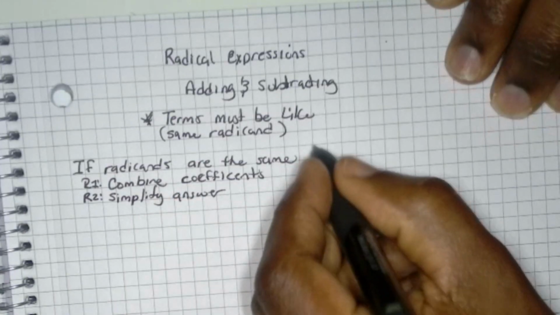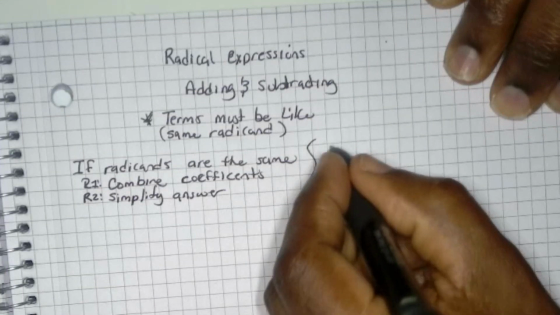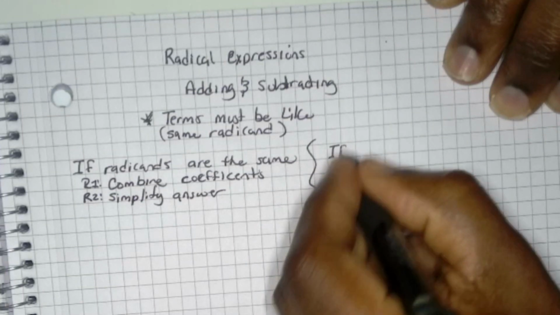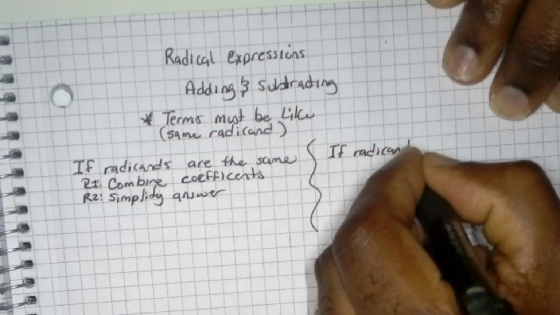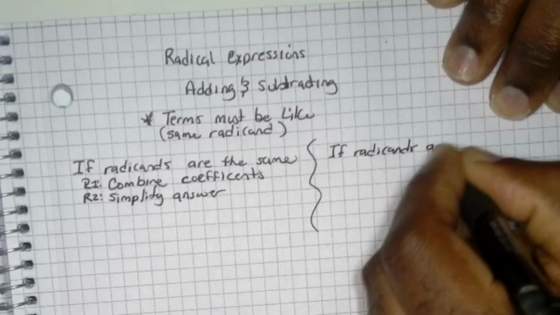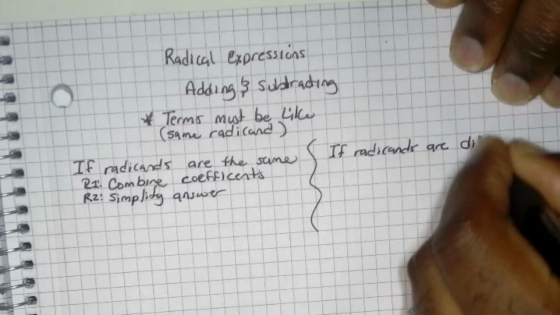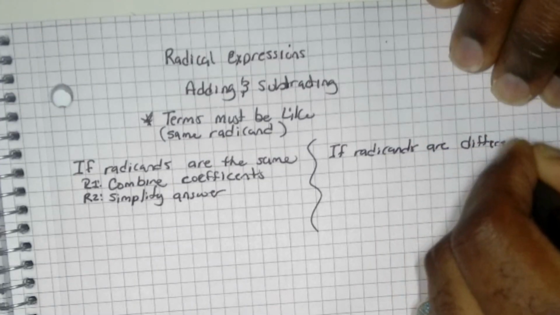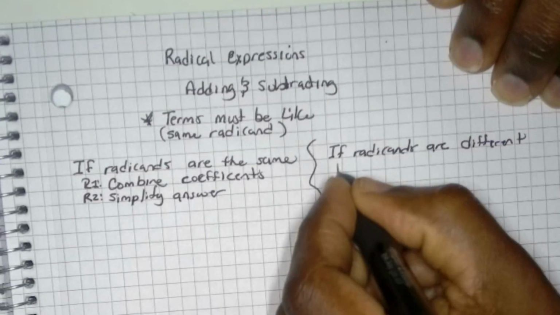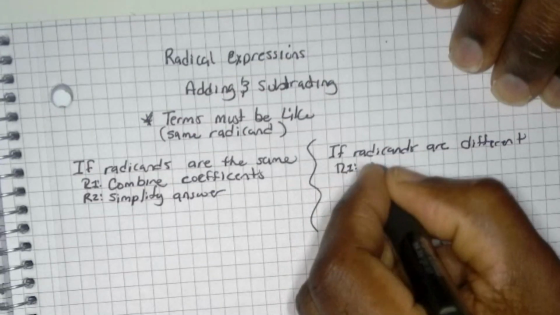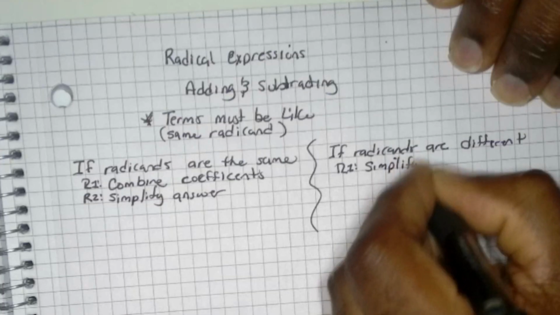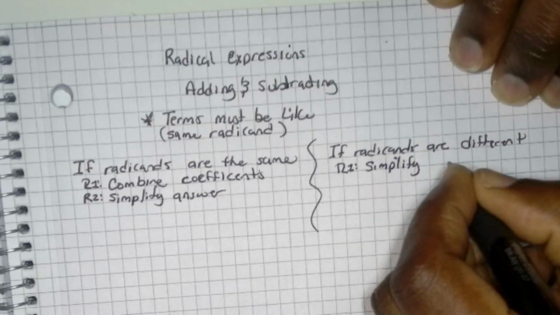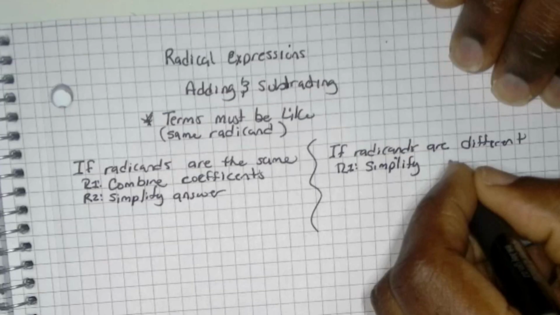Now, if radicands are different, first thing you do is simplify. You simplify the radicals to make them smaller. Alright?